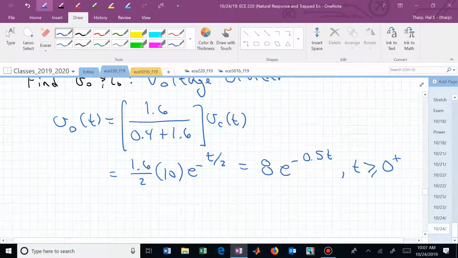Because right at 0, the voltage across that resistor could be discontinuous. We know that the capacitor voltage is continuous, but all the others we need to compute. So this is now V sub 0 of t, 8 e to the minus one half t.